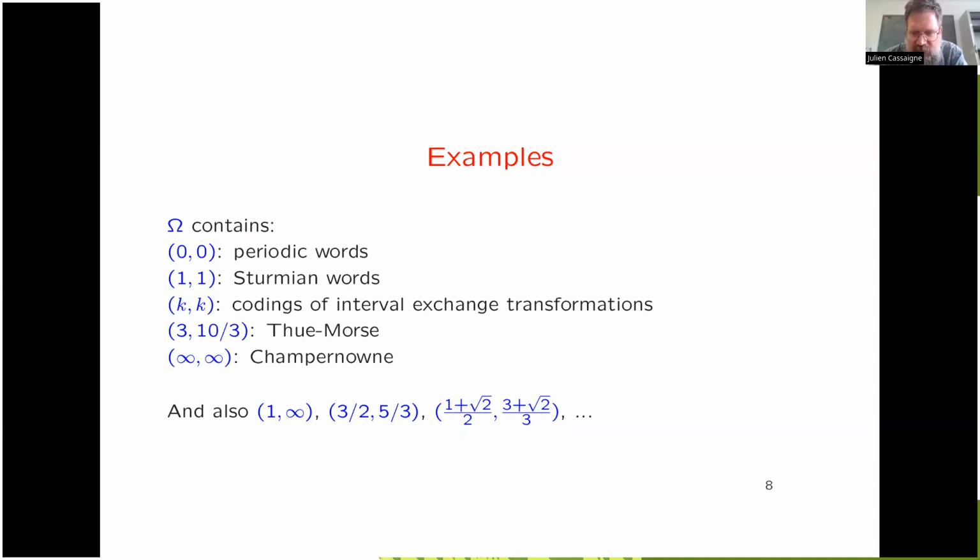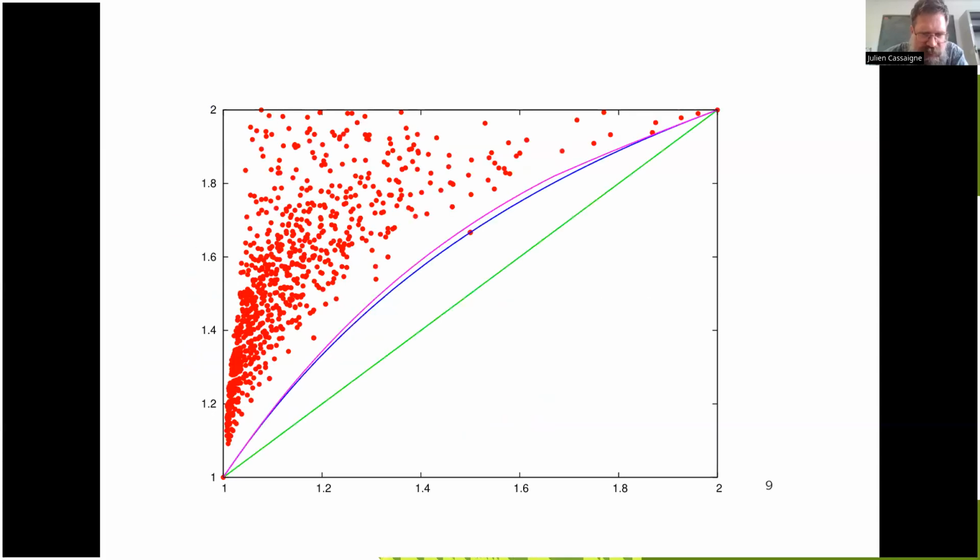Okay, and so I have plotted many more examples, and you get something like this. So here, all the red dots correspond to particular substitutive words. The graph is restricted to the part between 1 and 2, which is the part that was studied by Alex.